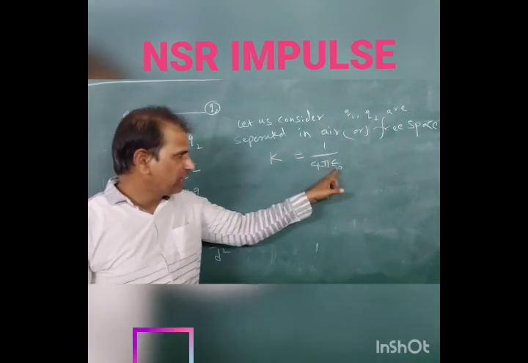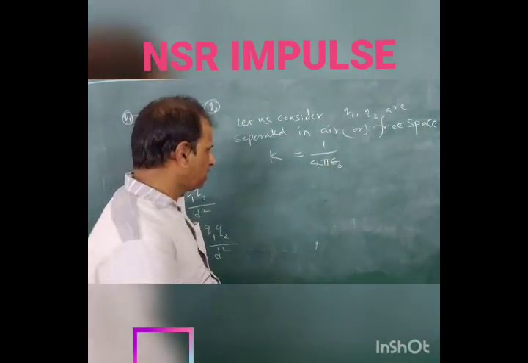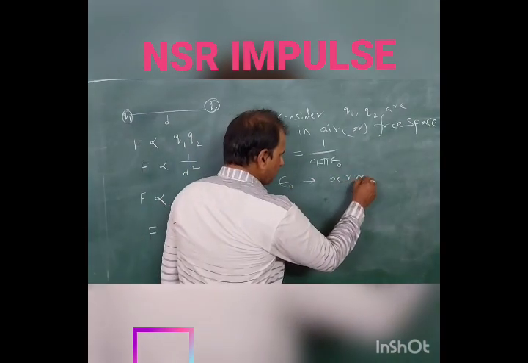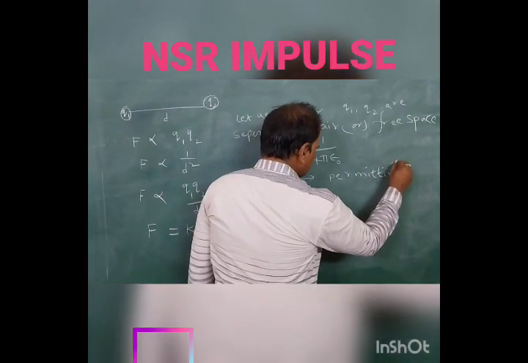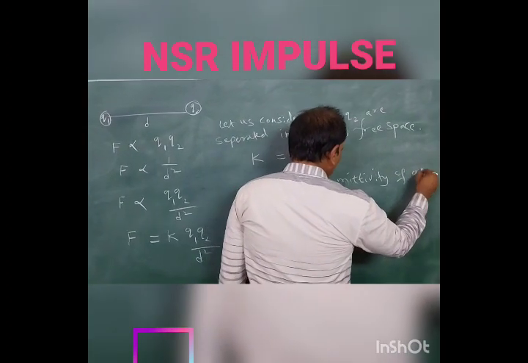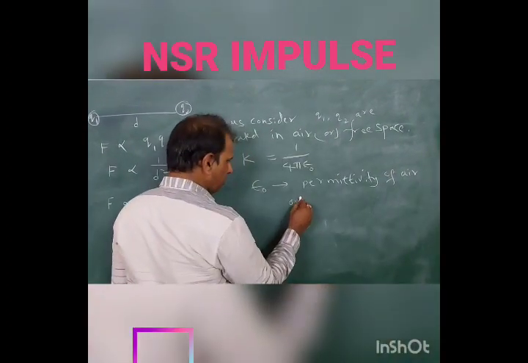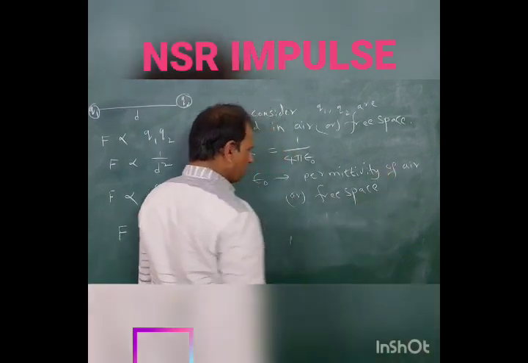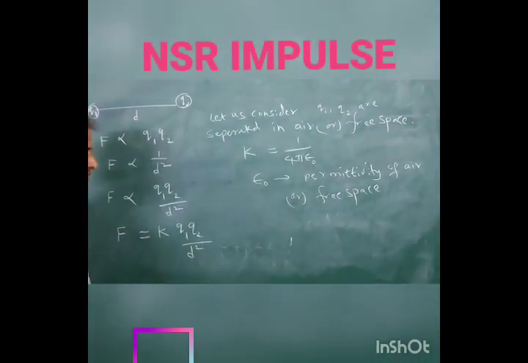Then only epsilon naught comes. This epsilon naught is called the permittivity of air or free space. This is the epsilon naught value.